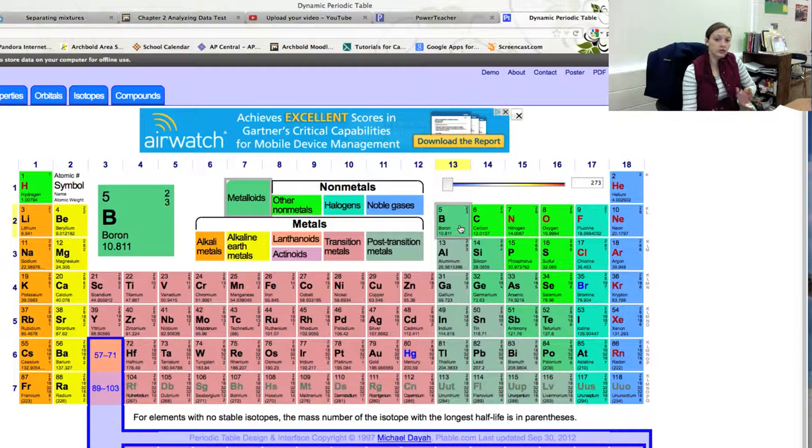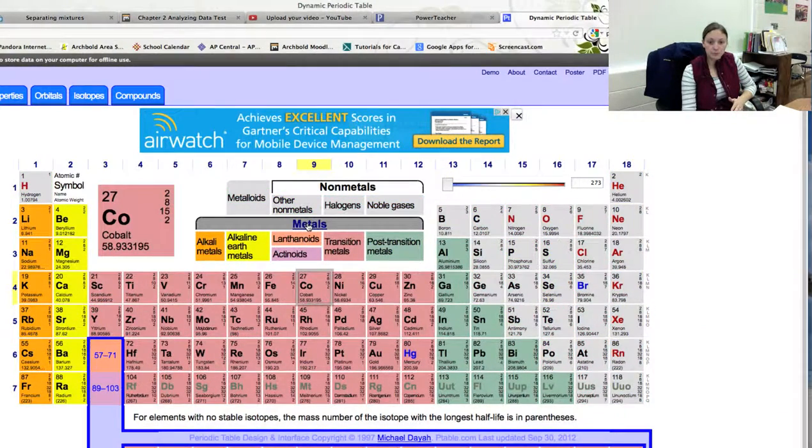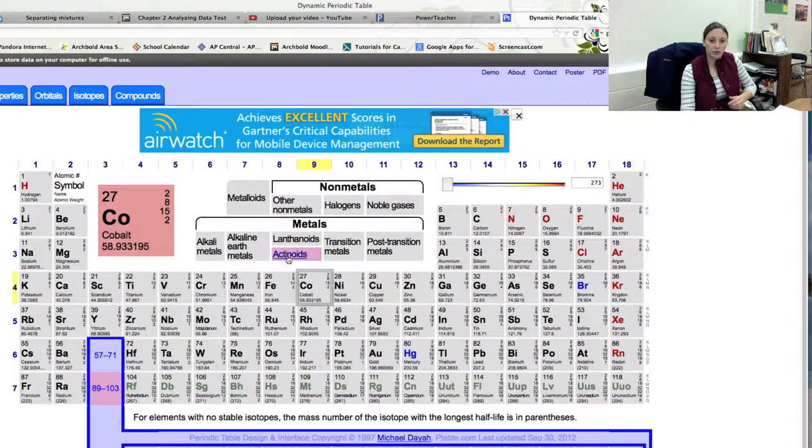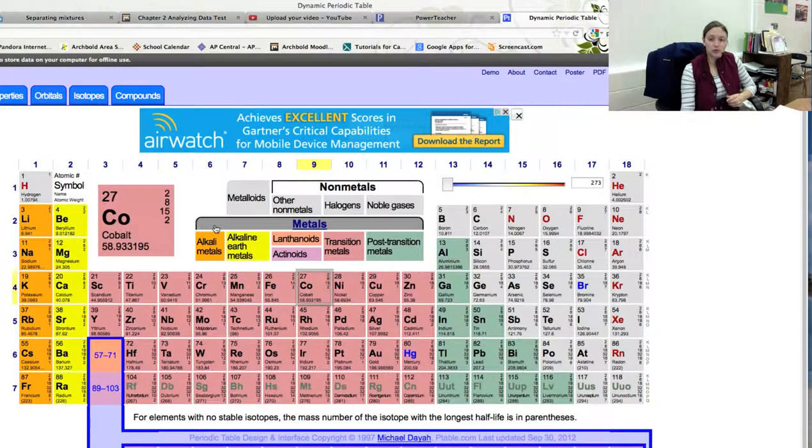So all of the orange, the yellow, the purplish colors, notice how they say metals. That is all of these colors: the post-transition, transition, lanthanoid, actinoid, alkaline, alkali. We'll get into those later. But metals are all the ones highlighted there. Notice how they take that jagged line on the right? Well, that's our stopping line. Everything to the left is a metal.